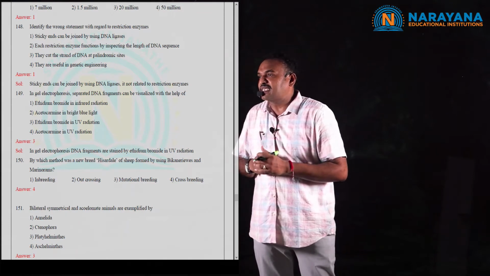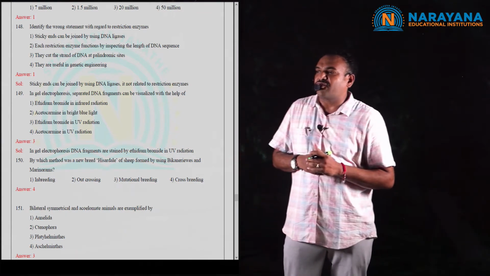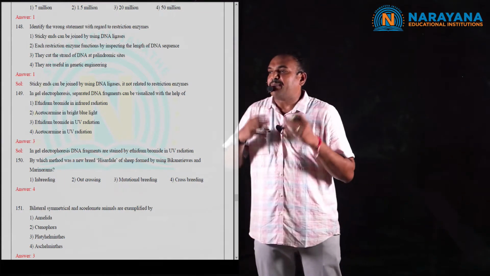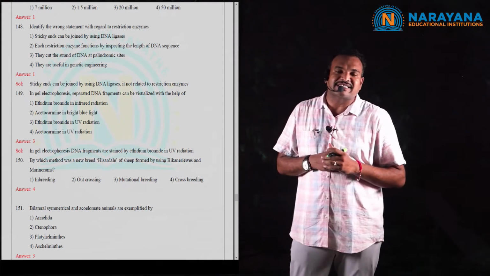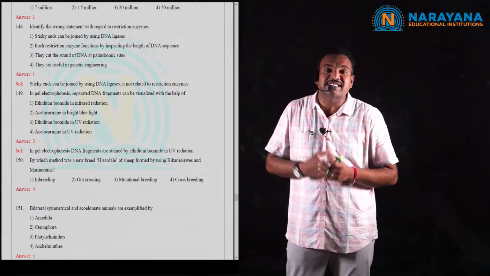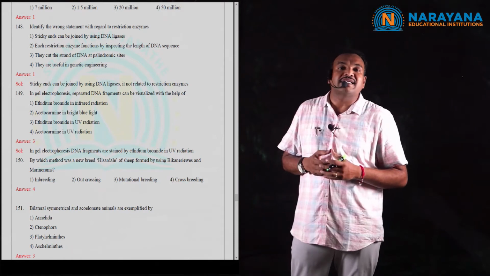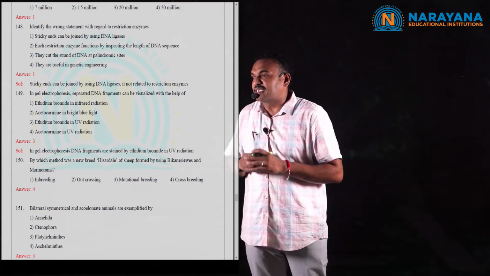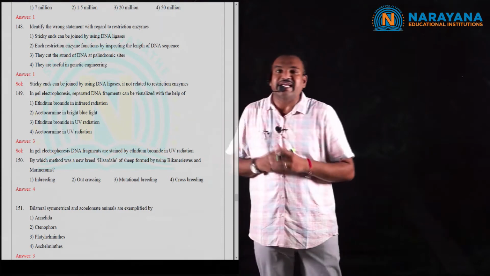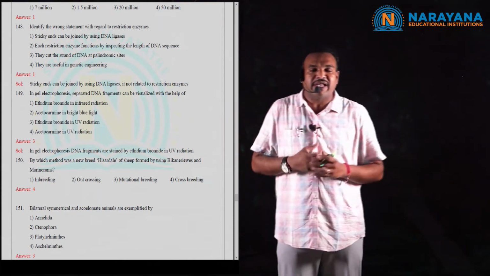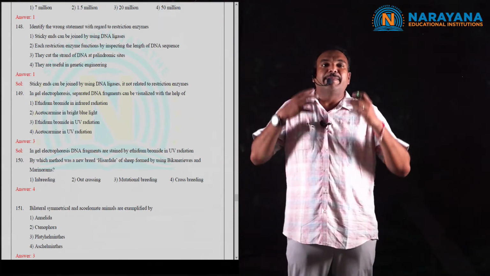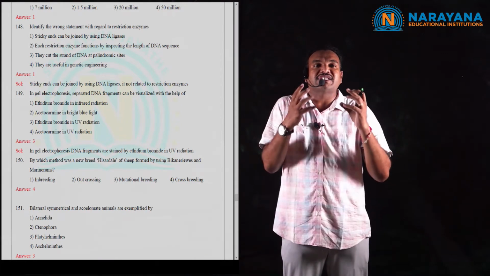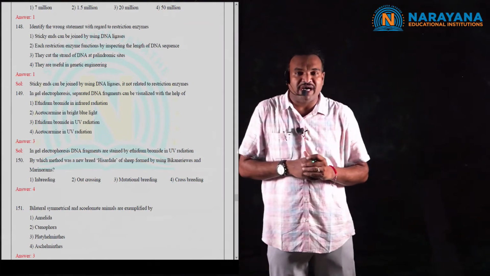And third one is they cut the strands of DNA at palindromic sites. Yes, exactly correct. Because those are endonucleases, they will cut within the DNA molecule, particularly at specific palindromic sequences. Fourth option, they are useful in genetic engineering. Yes, only after the discovery of restriction endonucleases did it become possible to construct rDNA.